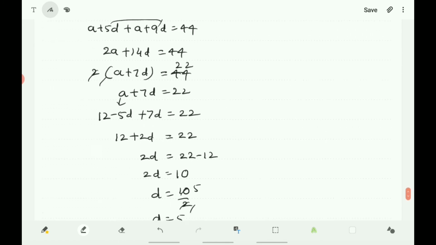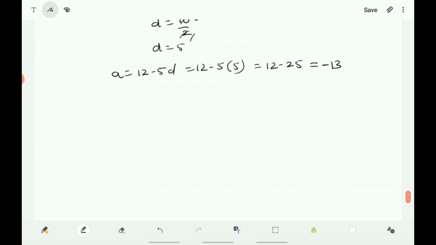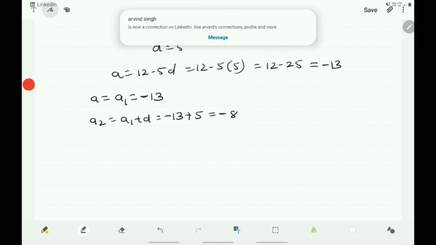And the AP is A1 equal to minus 13, and A2 is equal to A1 plus D, that is minus 13 plus 5, that is minus 8.